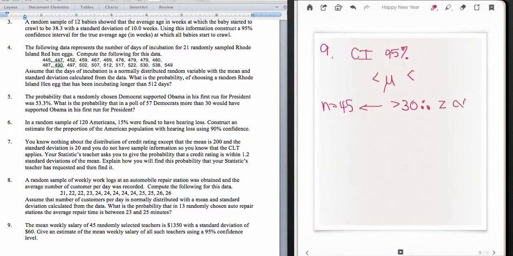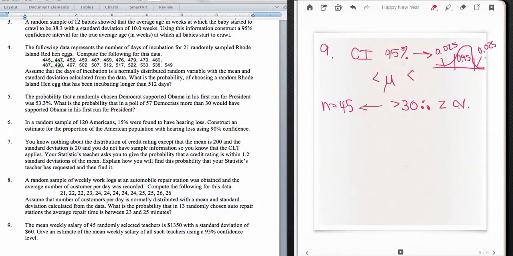So my z critical value for a 95% confidence, that is going to look like putting 0.95 here in the middle, and the 0.05 split up in each of the tails. This is going to be 0.025, and the same over here, 0.025.